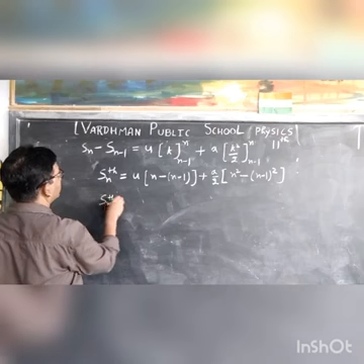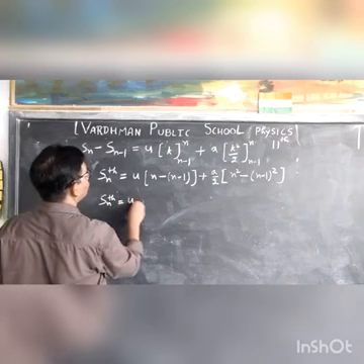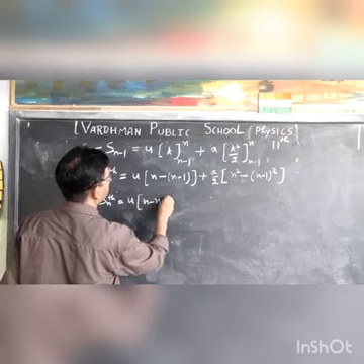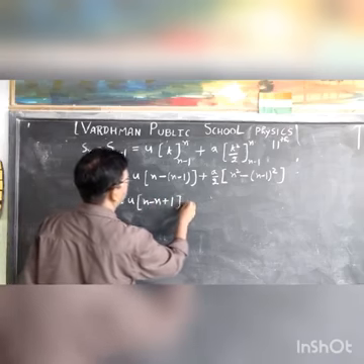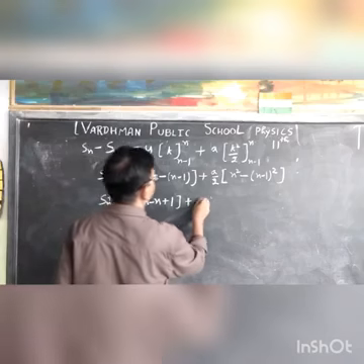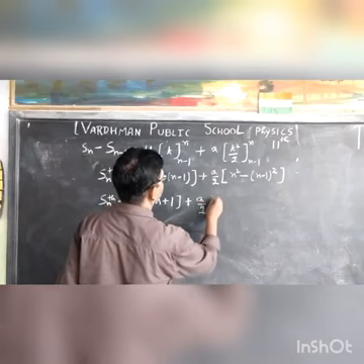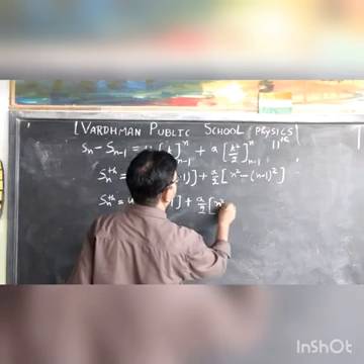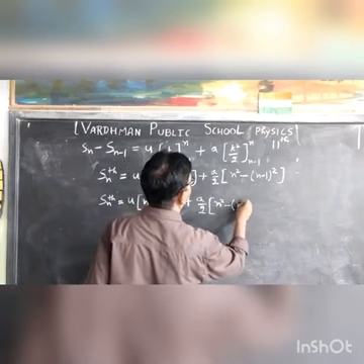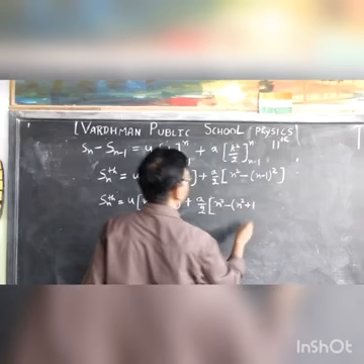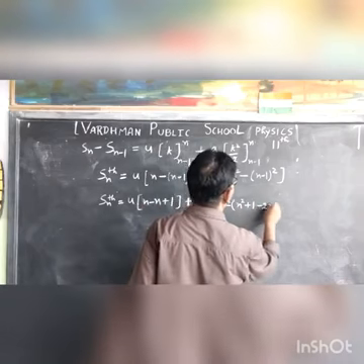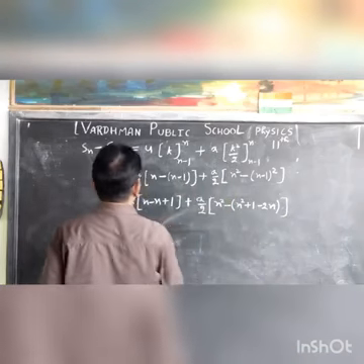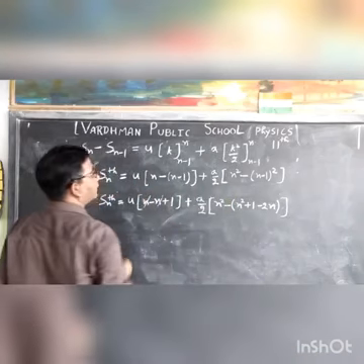Snth is equal to u times n minus n plus 1, plus a by 2 times n square minus n square plus 1 minus 2n. Here we cancel n.